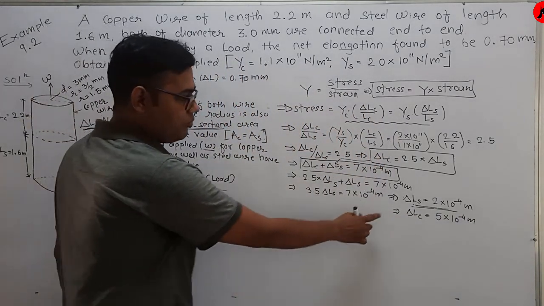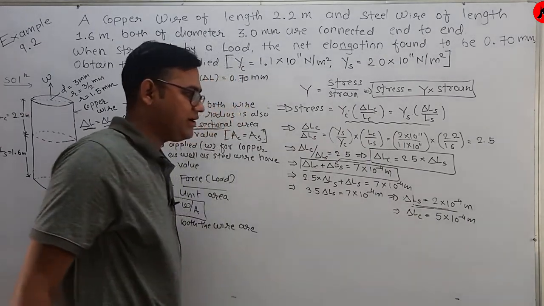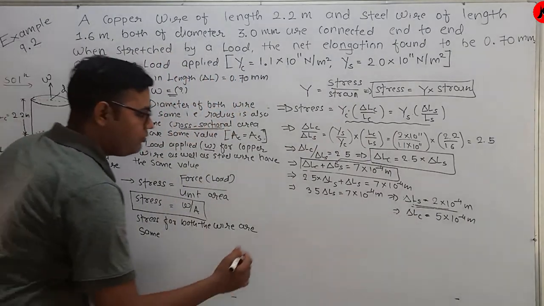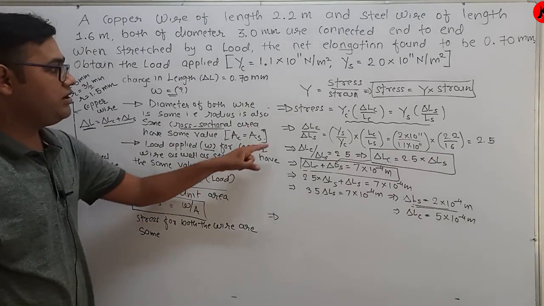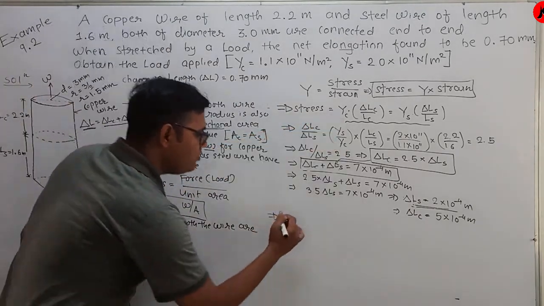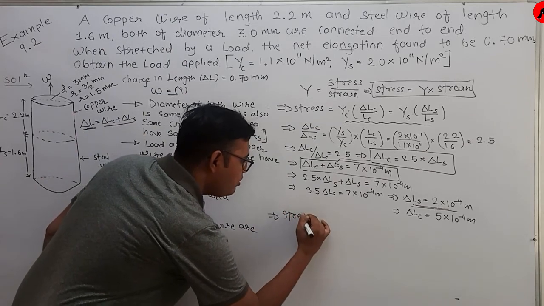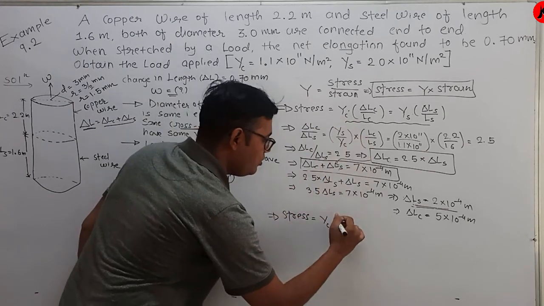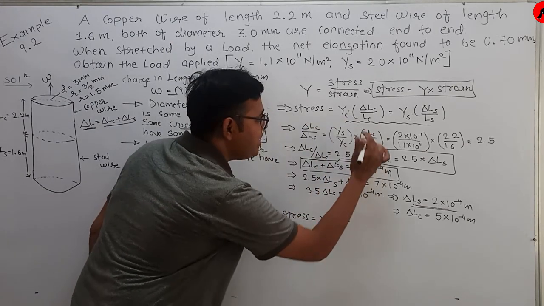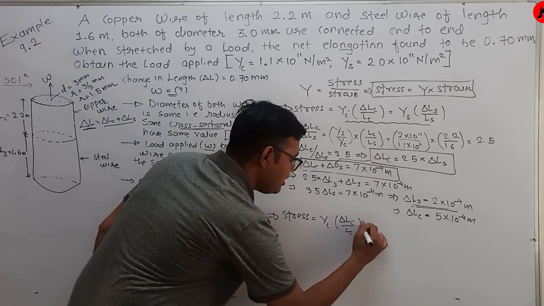So here we have both the values, delta LS as well as delta LC, right? Now we have this equation, stress equal to YC into delta LC by LC, right?